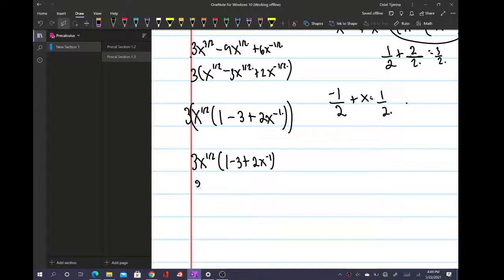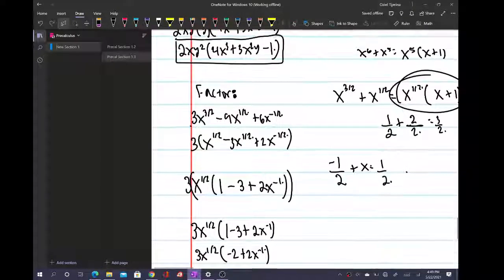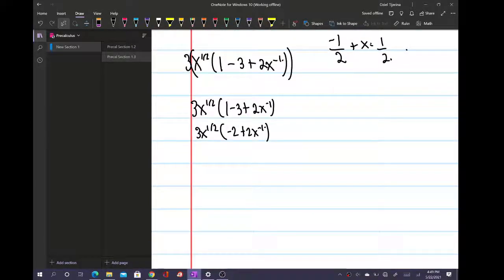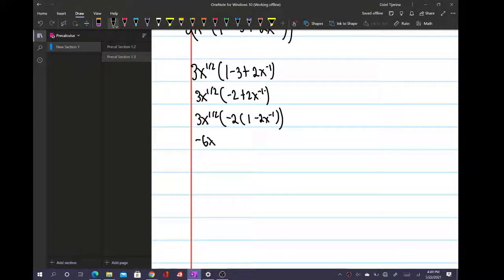That's just 3x to the 1/2 times negative 2 plus 2x to the negative 1. So that gives us 3x to the 1/2 times negative 2 times the quantity 1 minus 2x to the negative 1. And then this is equal to negative 6x to the 1/2, because these two get multiplied together, times 1 minus 2x to the negative 1.